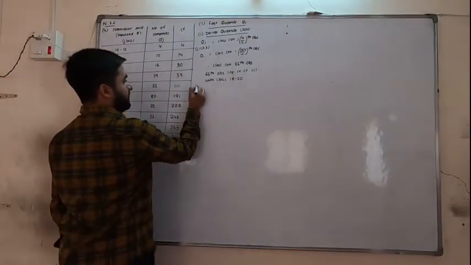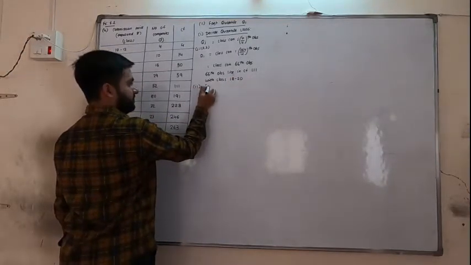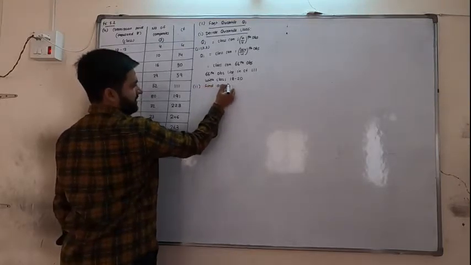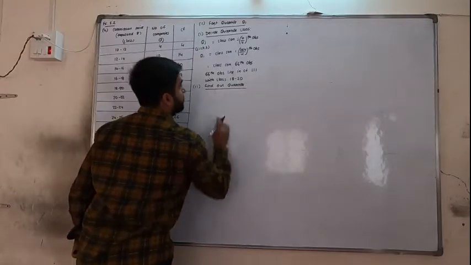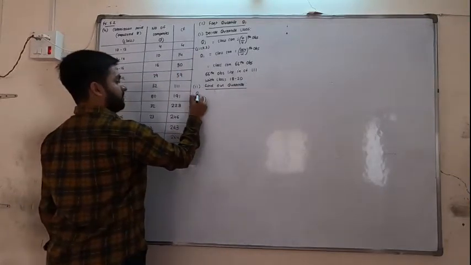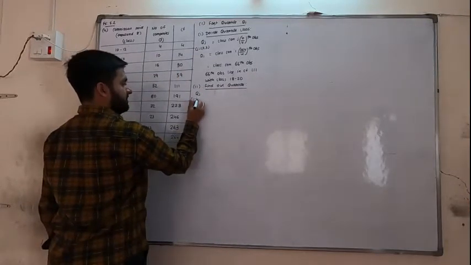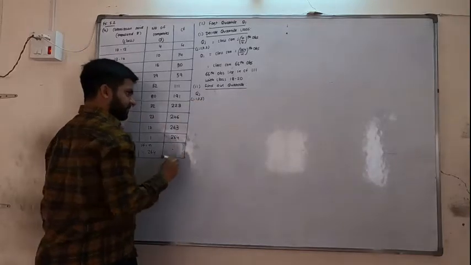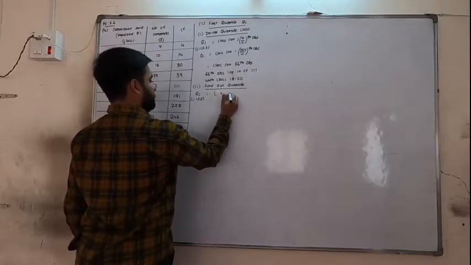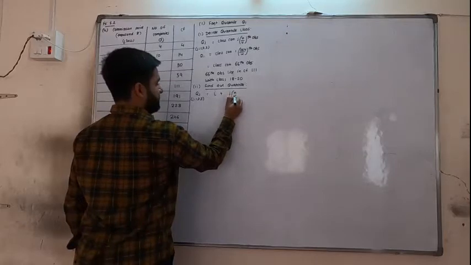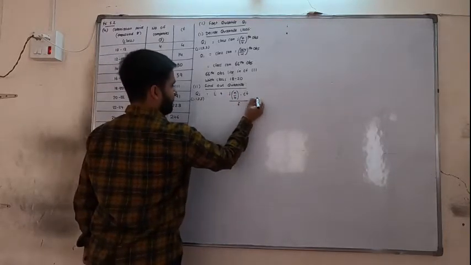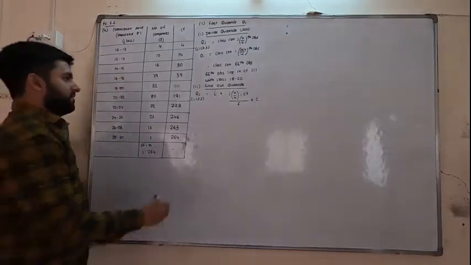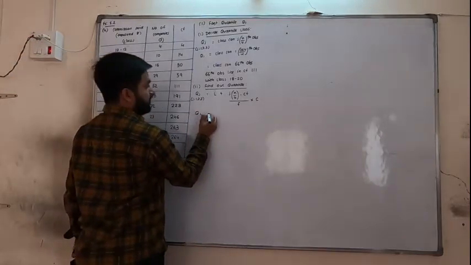Okay. Second step, find out the quartile. Qj, j equals 1, 2, 3, equals L plus (Jn by 4 minus CF) upon F into C. We need Q1.